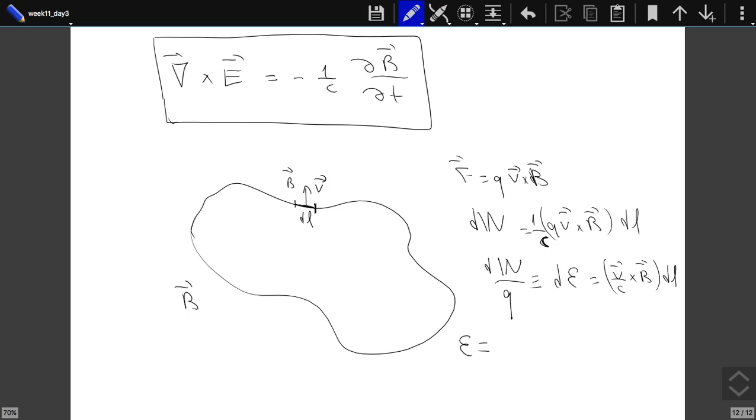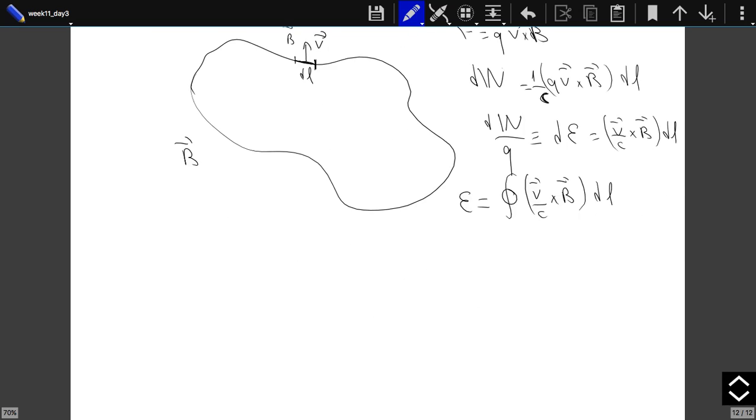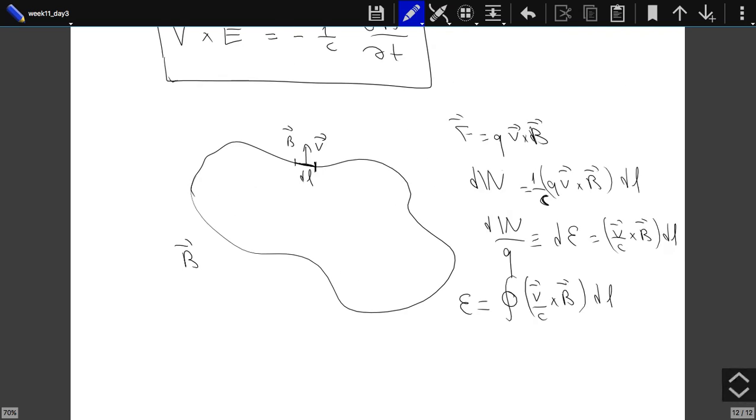So total EMF will be the integral over the loop of V over c cross B dot dl.